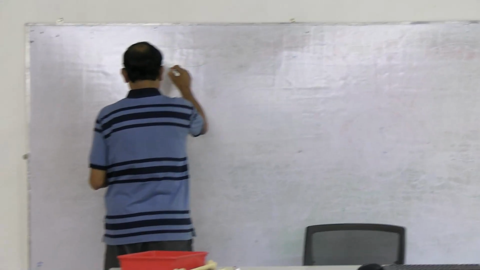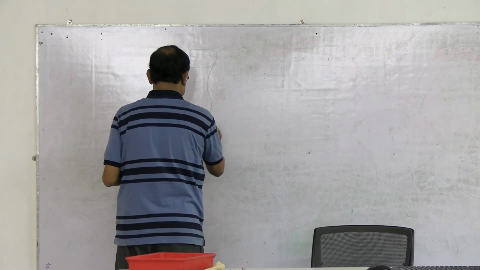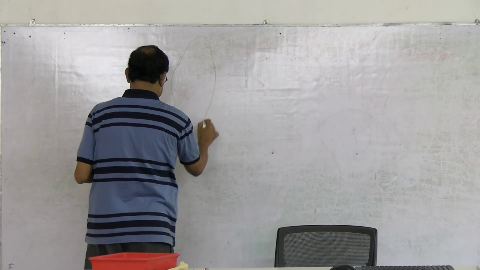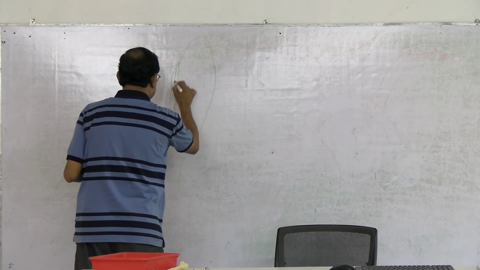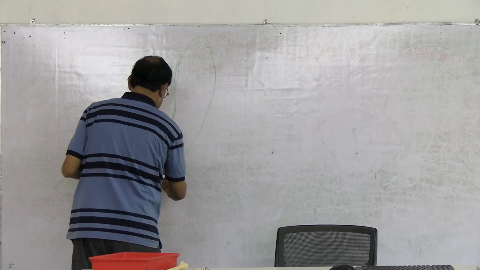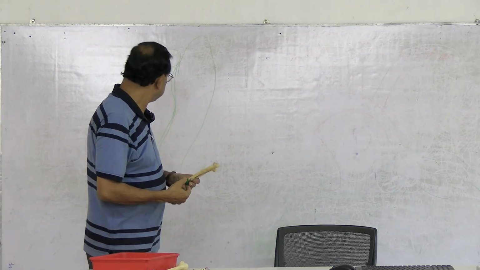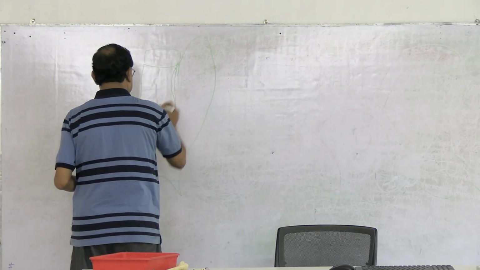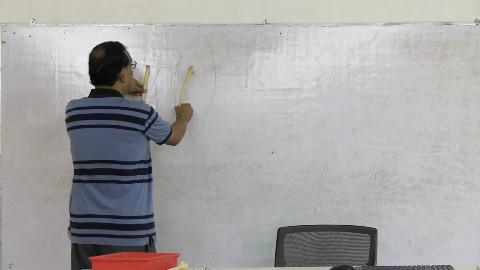Now about the posterior surface. Suppose this is the radius and this is the ulna.